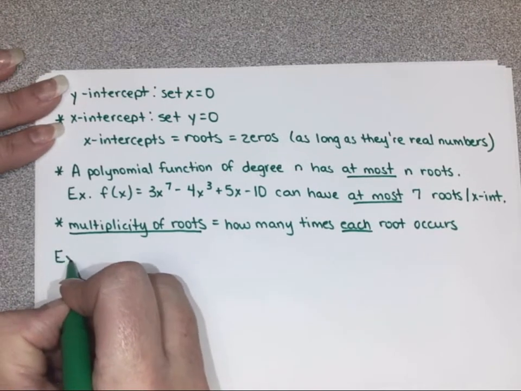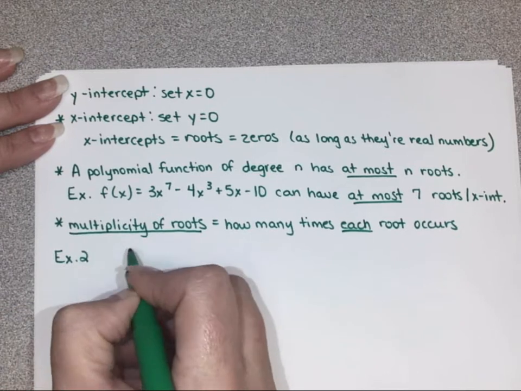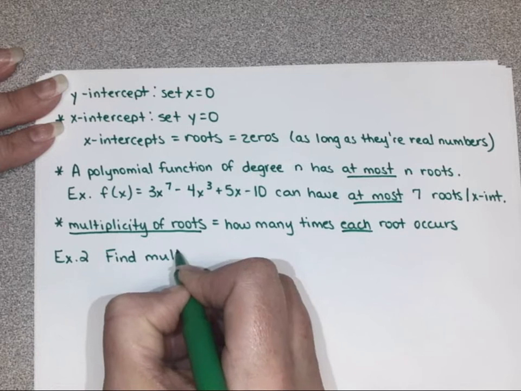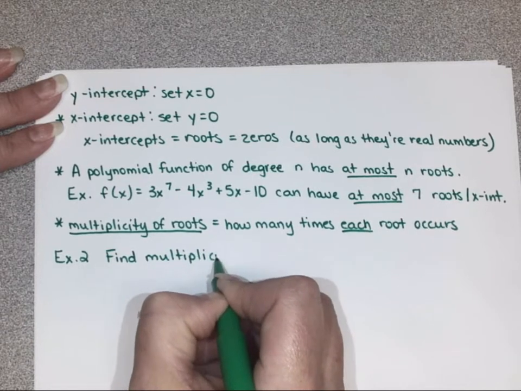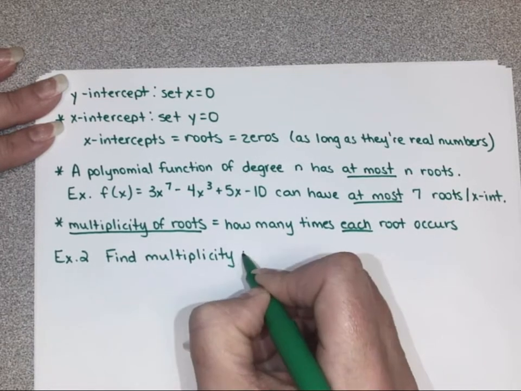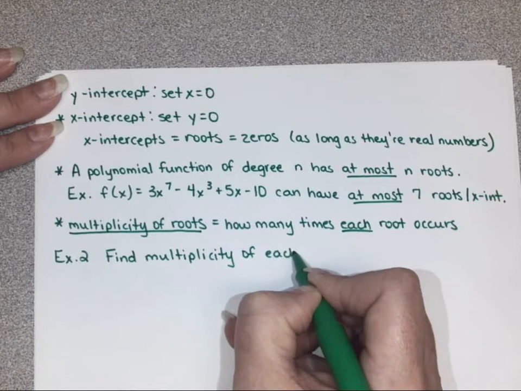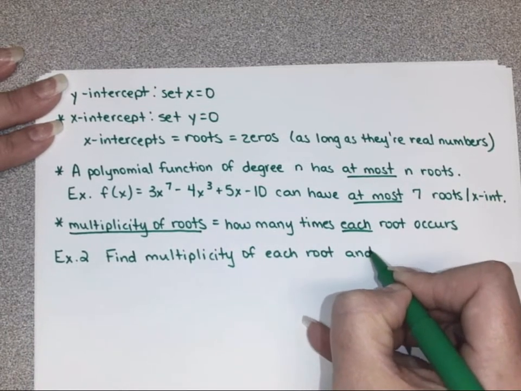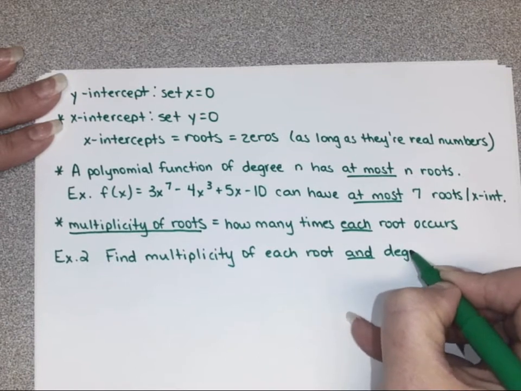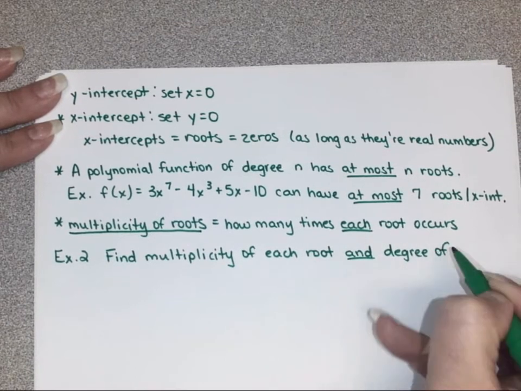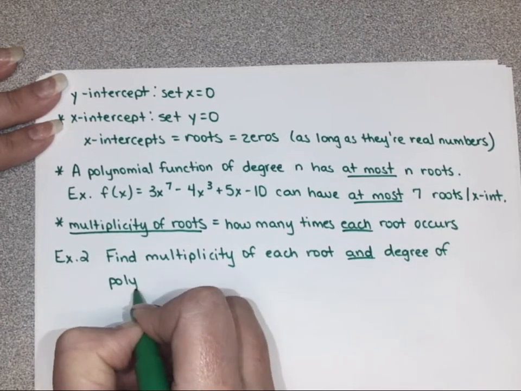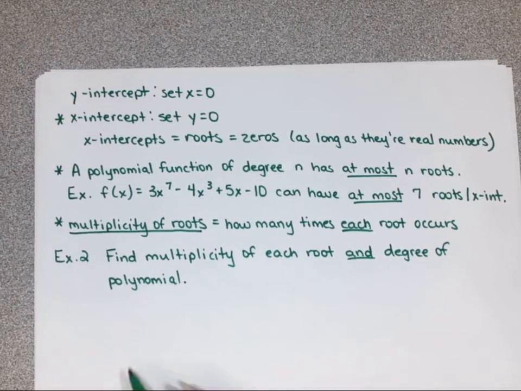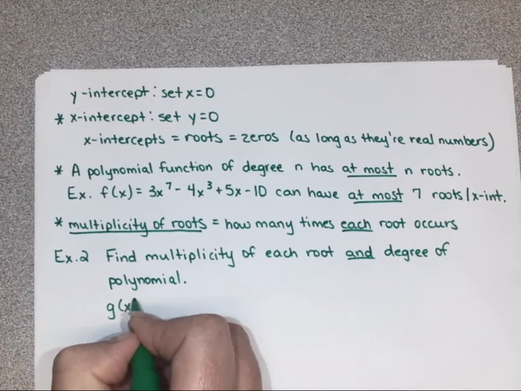So let me show you an example of one that is already kind of factored for you, but you just have to find every x-intercept and then the multiplicity of each of those. So find the multiplicity of each root. And when you're done, I want you to tell me what the degree of the polynomial is. And actually, we don't even have to wait till we're done.